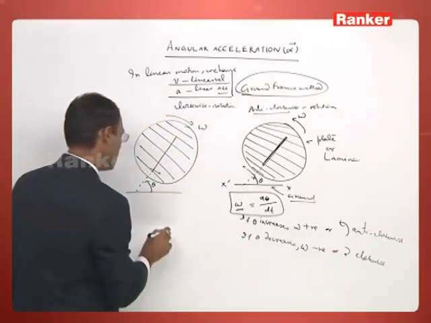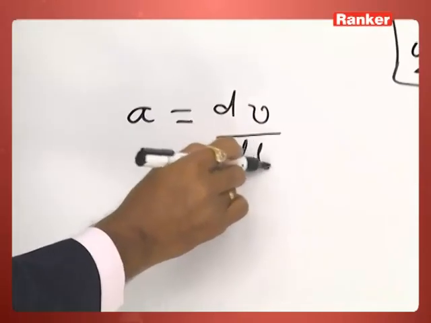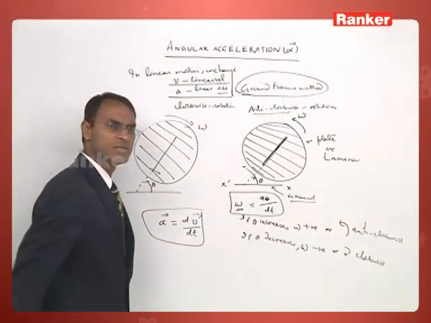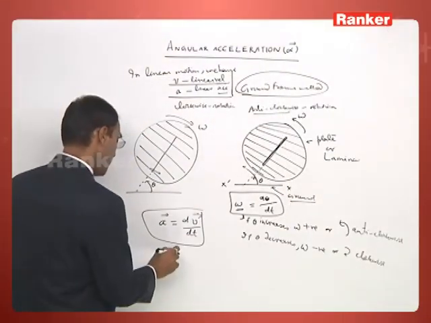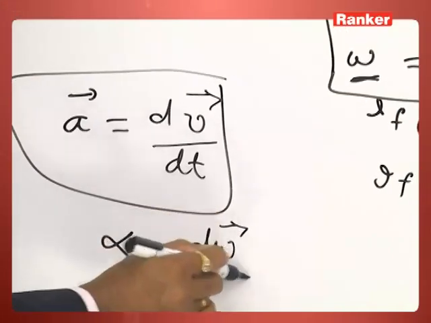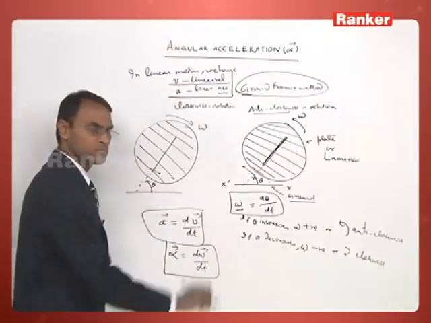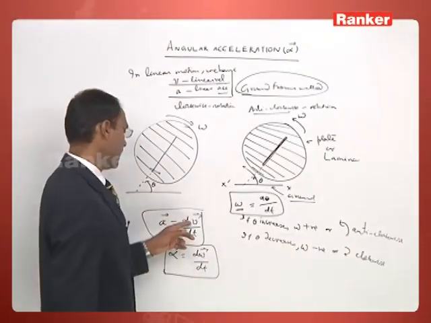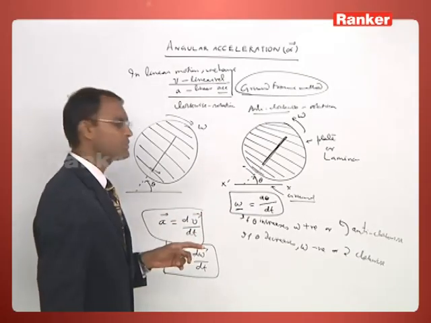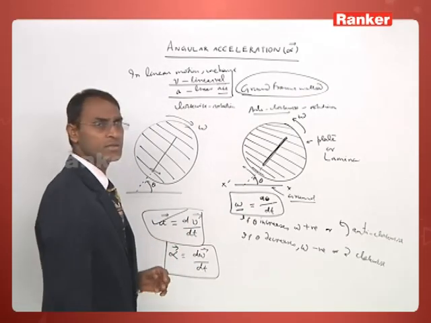Linear acceleration is defined as the rate of change of linear velocity. Similarly, the angular acceleration can be defined as the rate of change of angular velocity. Since linear velocity is a vector quantity, its derivative must be a vector. Therefore, linear acceleration is a vector quantity.